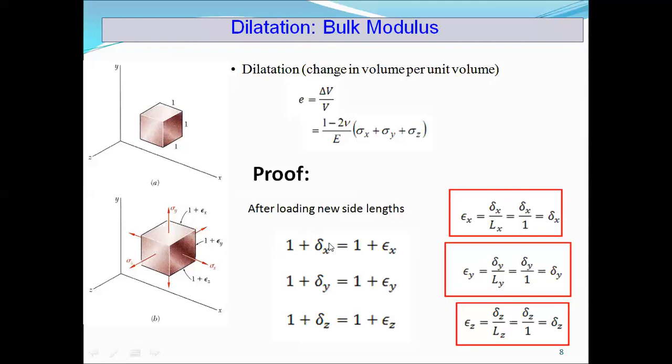Similarly, the stress along the y-axis is again tensile stress, so we would have elongation along the y-axis, and the new side length along the y-axis would be 1 plus delta y. Also the stress along the z-axis is tensile stress, so again we would have elongation, and the new side length along the z-axis would be 1 plus delta z.